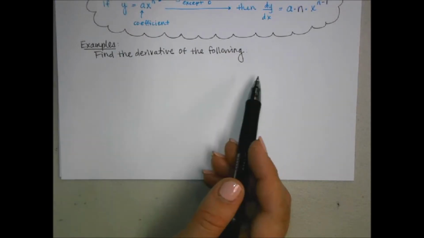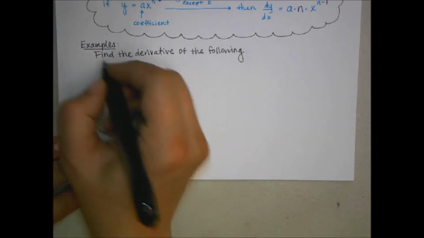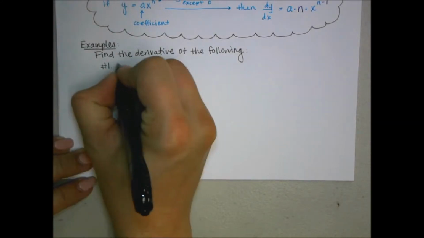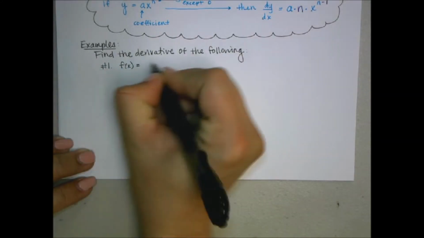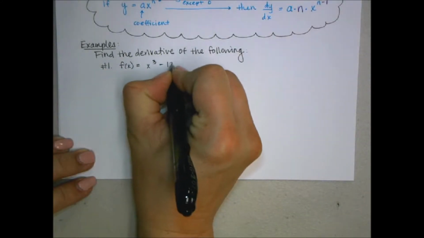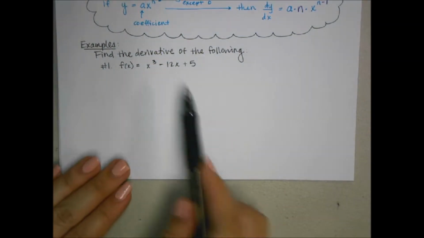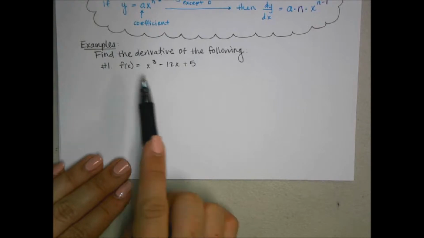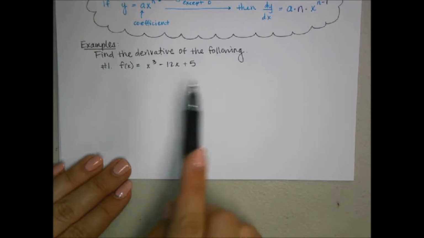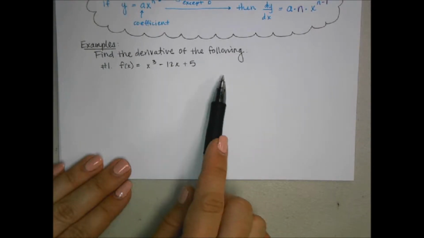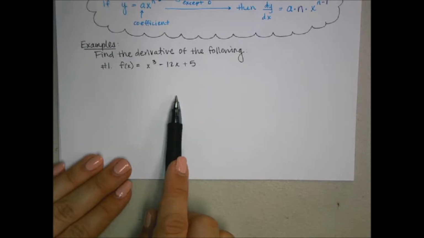So we're going to find the derivative of the following examples, starting with the function x cubed minus 12x plus 5. So we get to use the power rule anytime we have all of our terms in one line, no variables in a denominator. Okay?